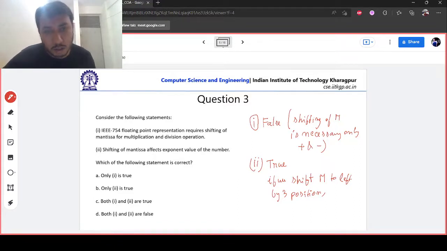In that case, it affects the exponent value. So in order to maintain it, we need to decrease e by 3.